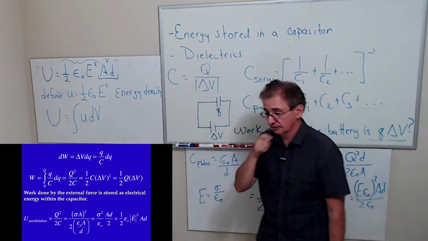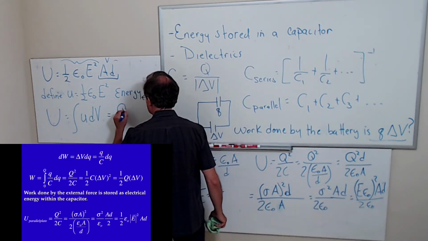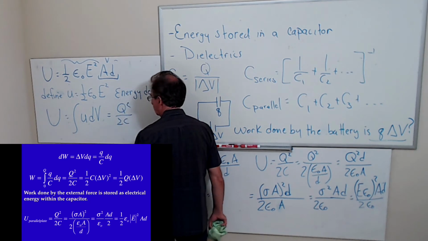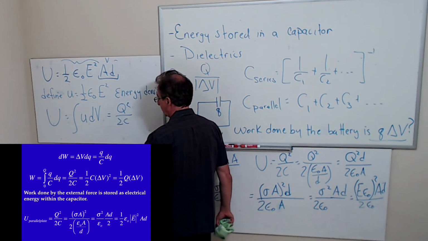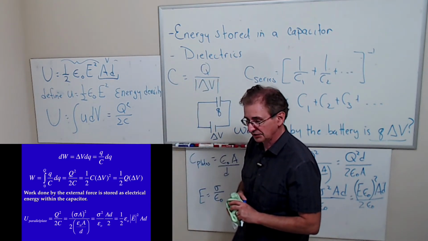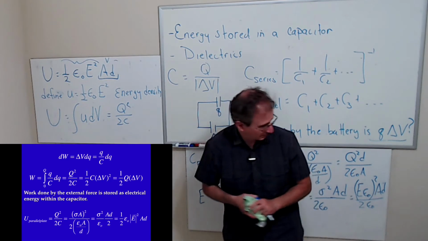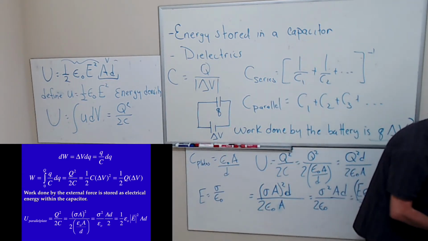Because in the end, for a capacitor, this is going to be Q squared over 2C. So once you evaluate this integral, you solve for C and you're done. Make sense?